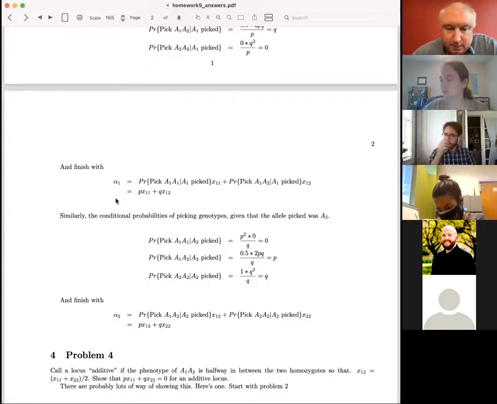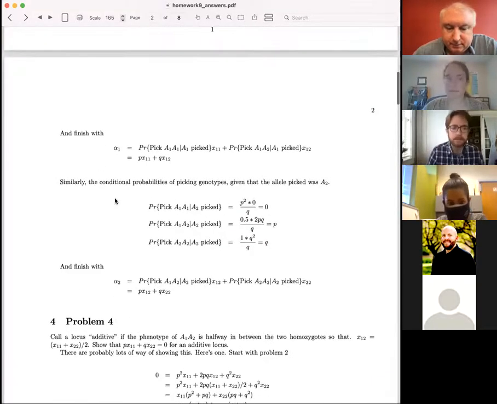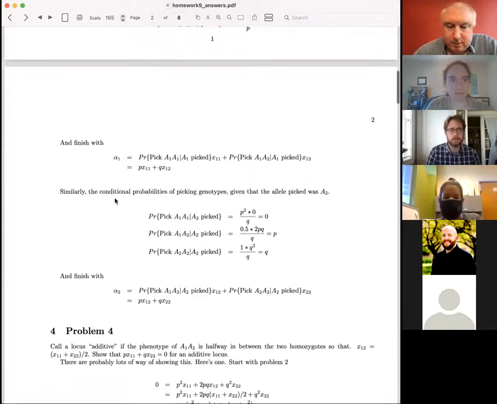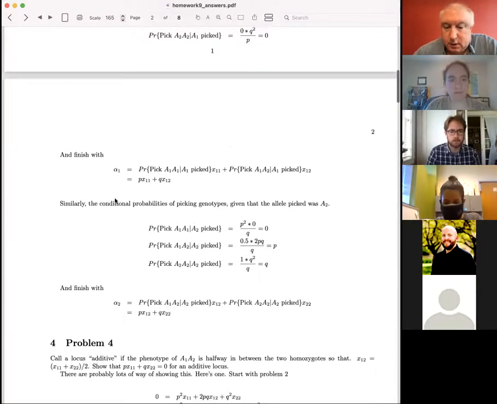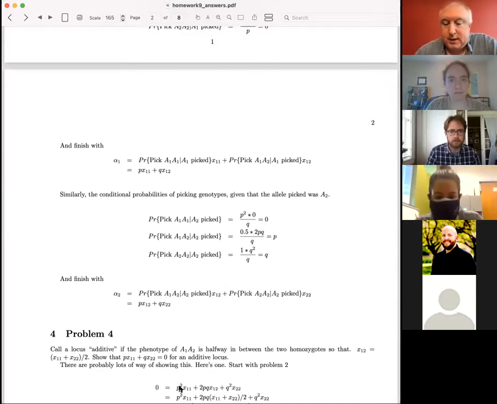Let me share. Am I sharing screens here? So problem 4 is at the bottom. In problem 2, if it went correctly, you would have shown that p squared x11 plus 2pq x12 plus q squared x22 was 0.